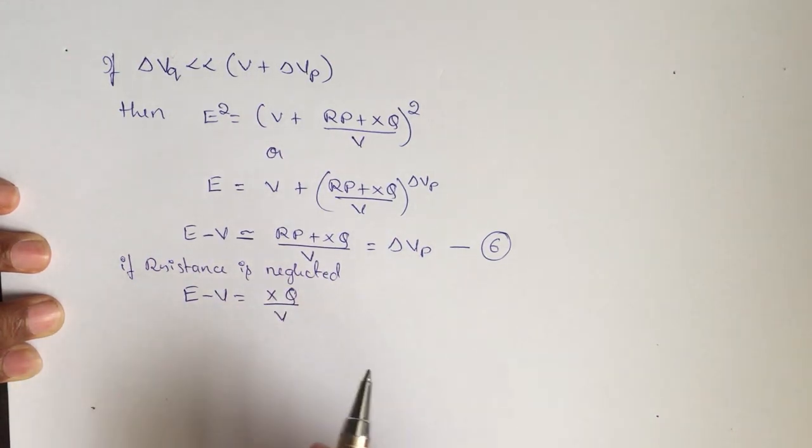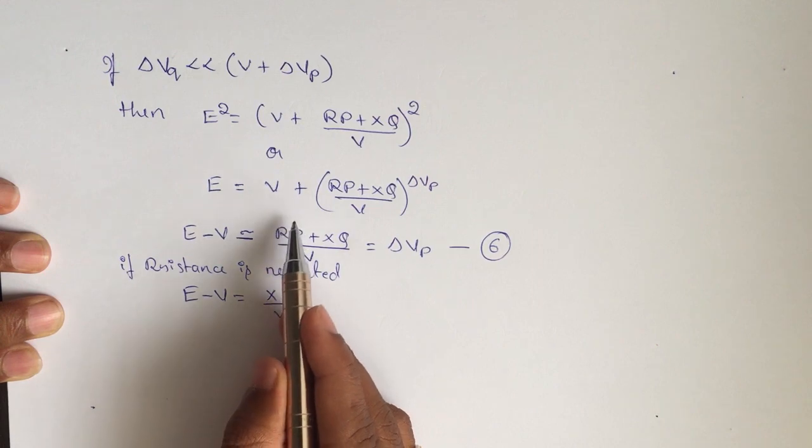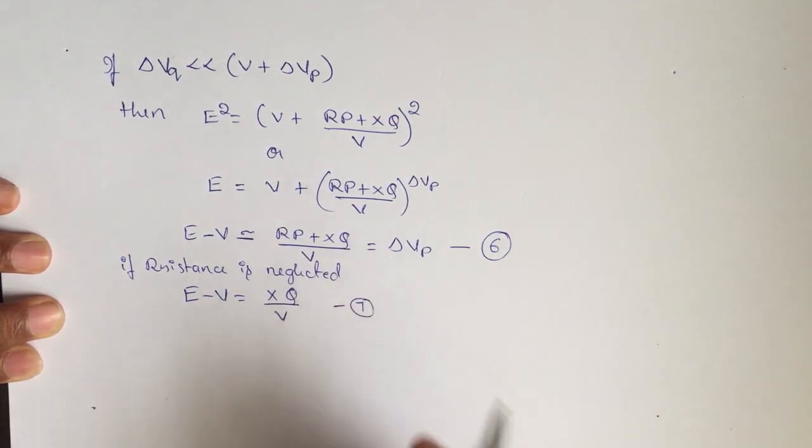Remember, if resistance is neglected, in equation 6 this part becomes 0. We'll be left with X into Q by V, marking it as equation number 7.